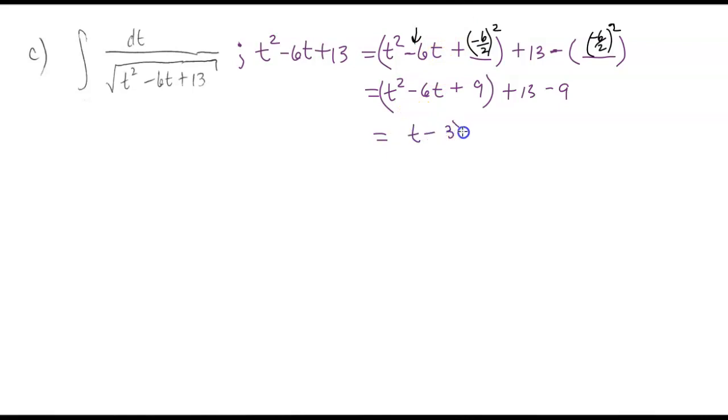So we got t minus 3 quantity squared here, plus 13 minus 9, which is going to give us a 5 there. Excuse me, I mean 4 there. Yeah, that should be a 4.